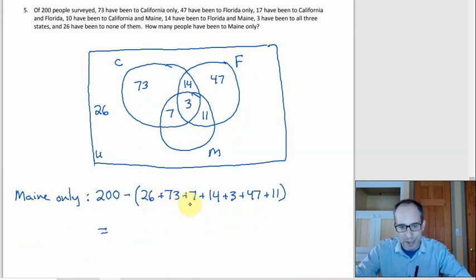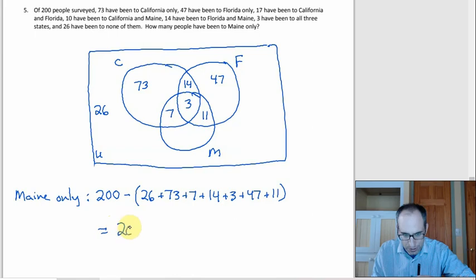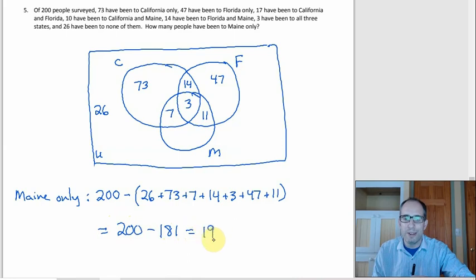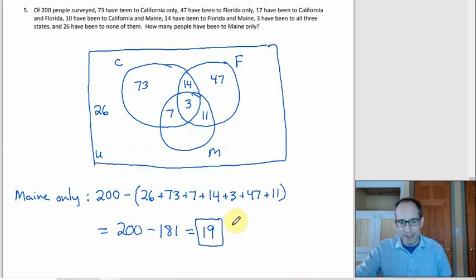That's 99, and 7 is 106, and 17 is 123, and that's 134, and 40 is 174, and 7 is 181. So 200 minus 181 ends up being 19. And that is the answer. So out of those 200 people surveyed, 19 have been to Maine, but have never been to California and have never been to Florida.